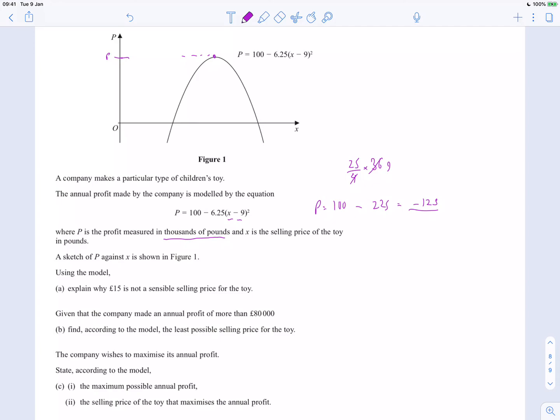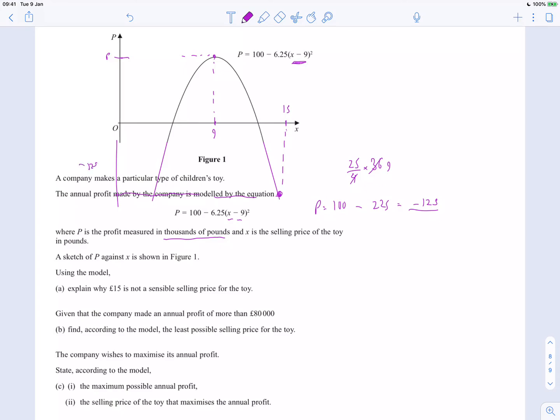What does that mean on a graph? Well, our model is, for all intents and purposes, a quadratic function. So that means 15 is over here somewhere, because we can tell where the maximum point is since it's in completed square form, so that when x is 9. So 15 is over here such that the y value, if I was to trace it across, would be at minus 125.